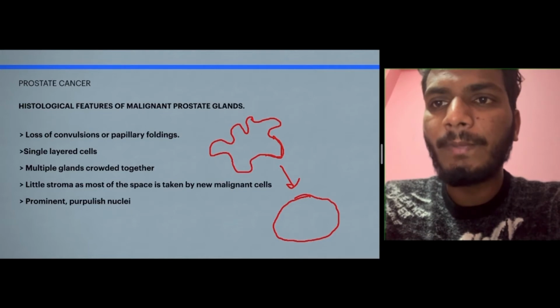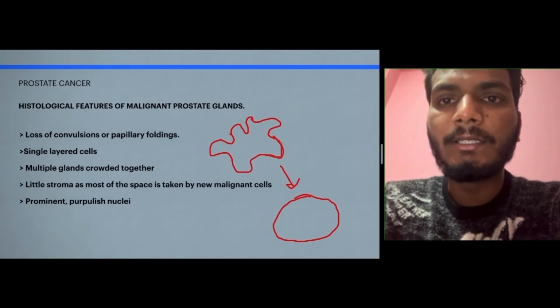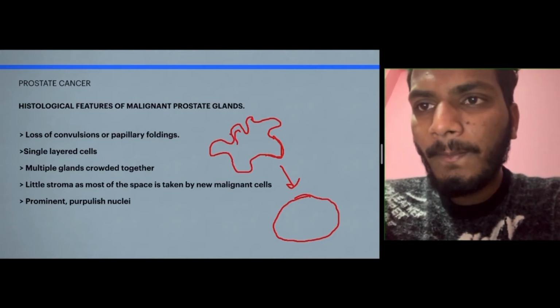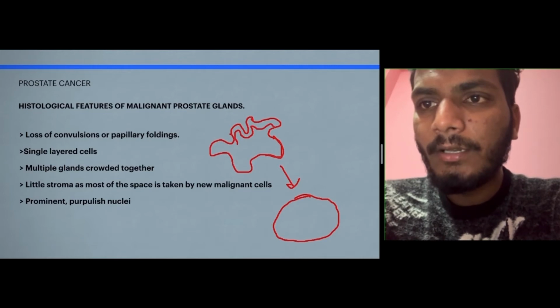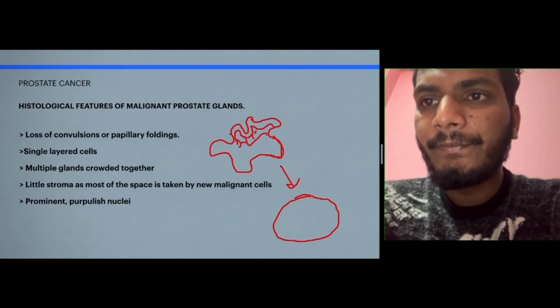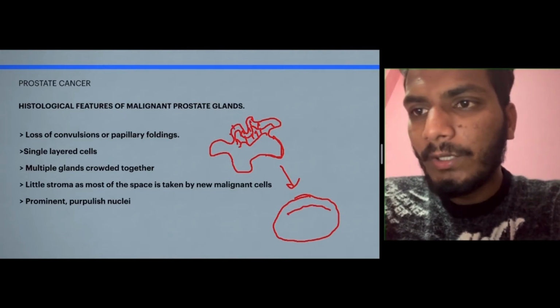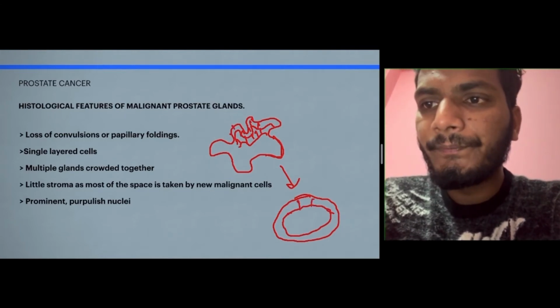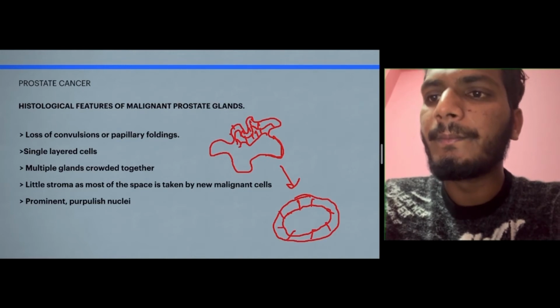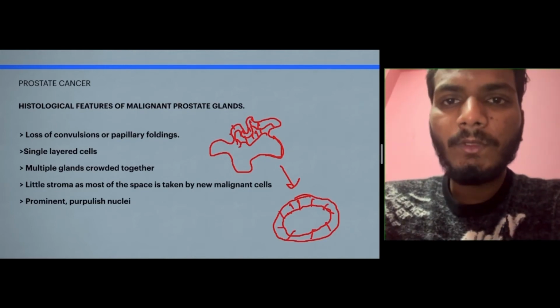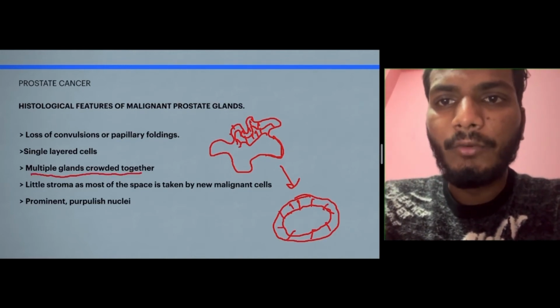There is a single layer of cells. In normal we can see there is a double layer of cells, but in the cancer stage there is only a single layer of cells making the gland, and multiple glands crowded together.